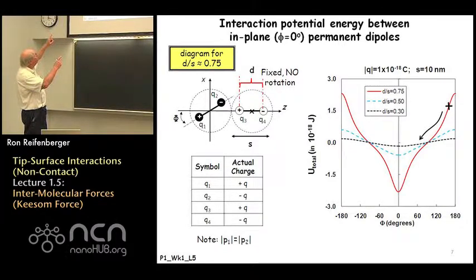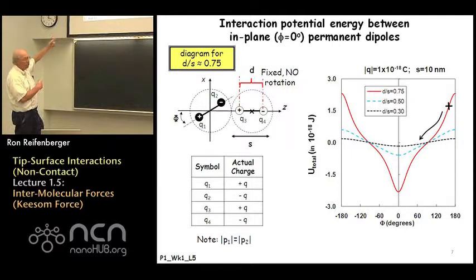The separation between the dipoles is indicated by the parameter D. The relative separation between the dipoles is indicated by the parameter S. And in this particular calculation, I fixed the dipole on the right. I do not allow it to rotate, but I allow the dipole on the left to rotate freely through any angle phi that I choose.